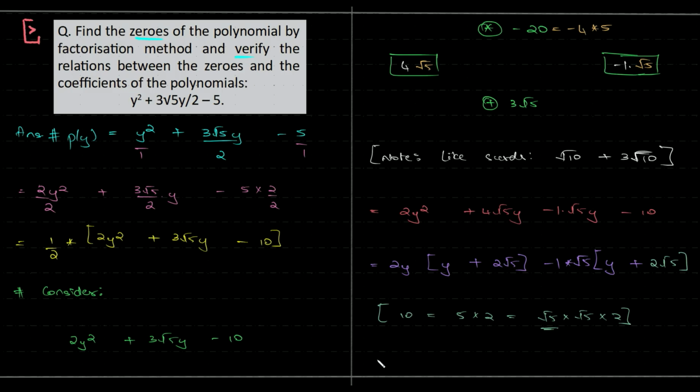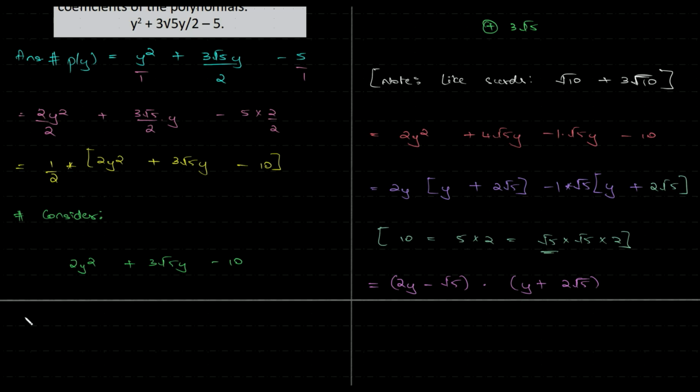And now we just have to take 2y minus root of 5 as one term, and the other term is 5y plus 2 root of 5. And we'll just end with finding the zeros.